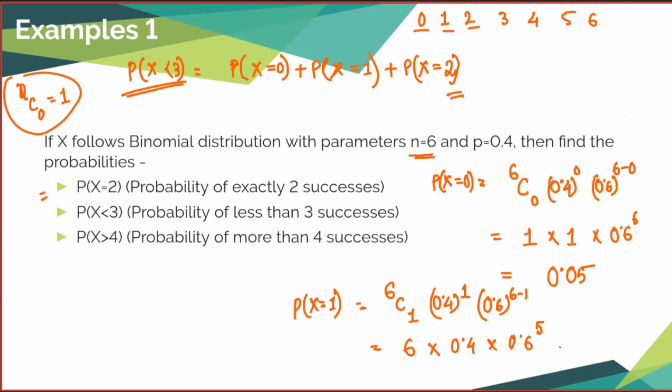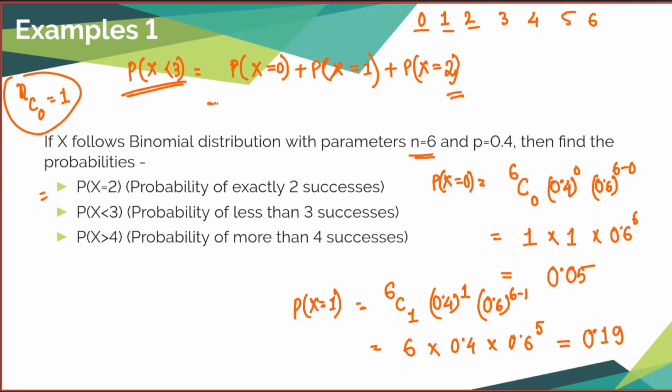So these are the values. If you simplify, you will get a figure, which is approximately equal to 0.19. So we got probability of exactly 1 success is 0.19, probability of exactly 0 success is equal to 0.05, and probability of exactly 2 success is 0.31.